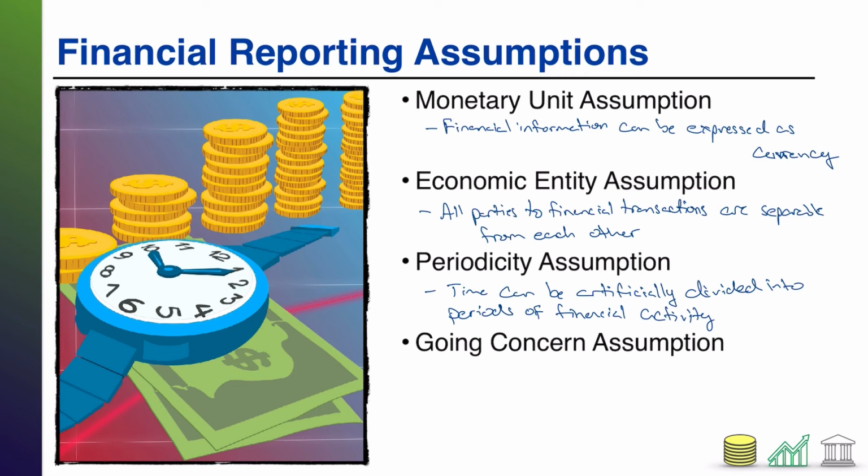And the last up is the going concern assumption. And going concern assumption, the simplest way to say this is it is the assumption that companies live forever. And this is especially true of publicly traded companies, right? Publicly traded companies' lives are not tied to the owners. They are their own entity.